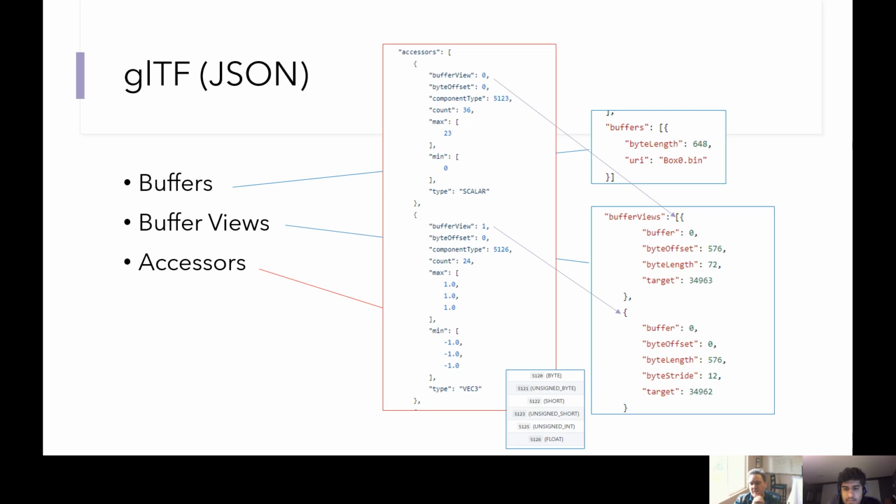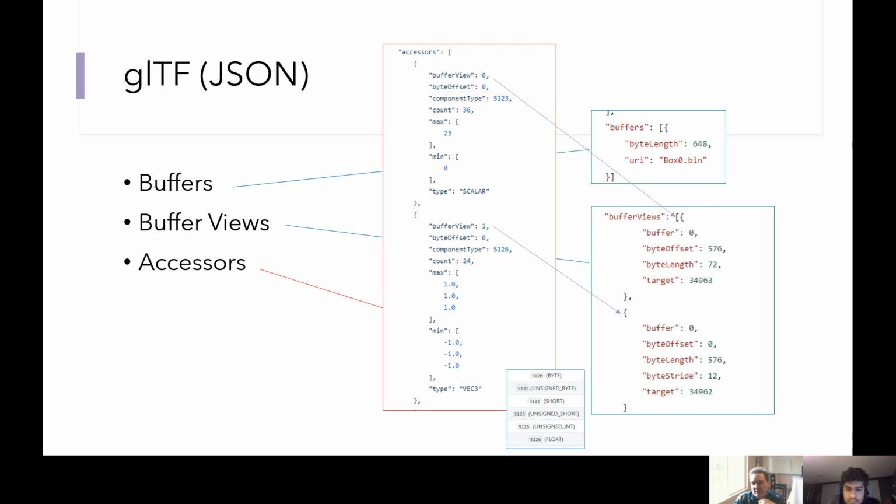The definition for glTF also wants to know the min and max values that are inside there, which means that the smallest index is a value 0, and the highest value of index is 23. So you can see that although there are 36 times that indices show up in this set, the highest index is 23.